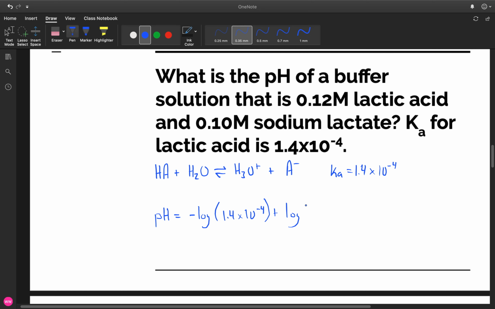So this is going to be 0.10, that's the base, divided by 0.12, the concentration of the acid. I'll give you a second or two to punch this into your calculator and see if you can determine the pH of this mixture.